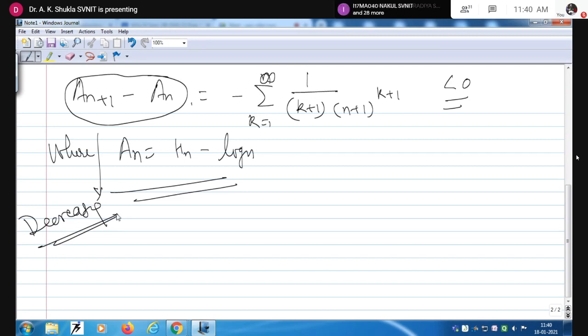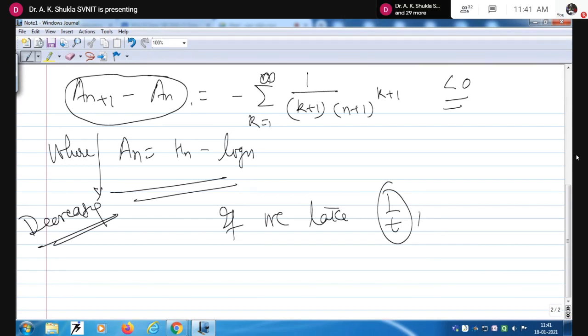If we take, for example, 1 upon t. Why? Because when the value of t increases, then 1 upon t will decrease.